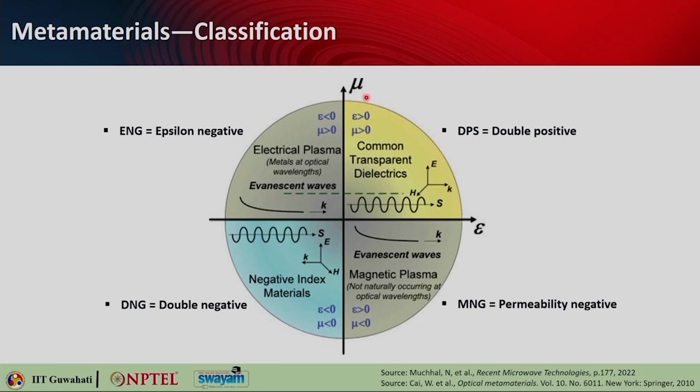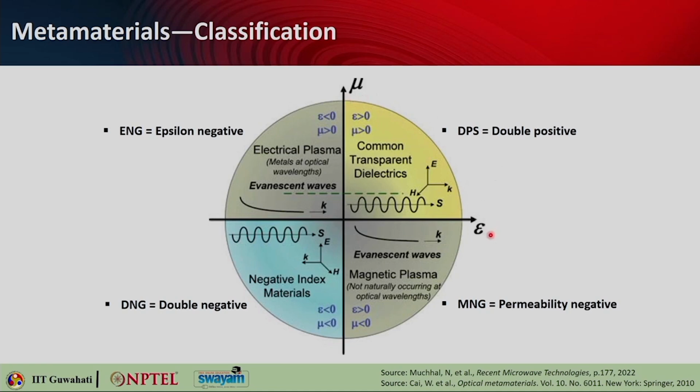On the other hand, permeability is related to the magnetic field, so it measures the ability of the material to allow formation of magnetic lines of force, or you can say magnetic field, within the material. So it speaks about the ability of magnetization that the material possesses for any applied magnetic field.